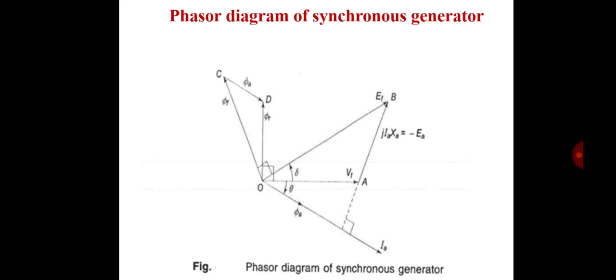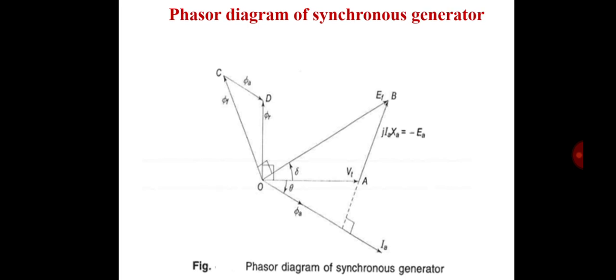Then we add phi A with phi F. We draw the head of phi F, and we draw phi A in the direction of the original phi A. The tail of phi F and the head of phi A are connected, and so we have phi R. So the vector addition is phi R equals phi F plus phi A. In the diagram we see this very well.